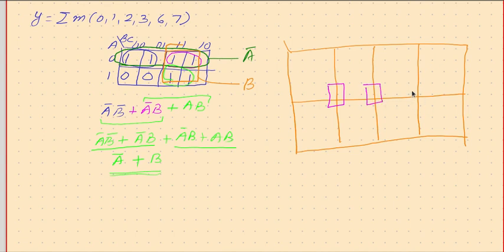These four cells can be combined. These four cells can be combined. And these two cells together can be combined, that means these two together, or all these four can be combined. So there are one, two, three, four, five, six possibilities of having a quad.